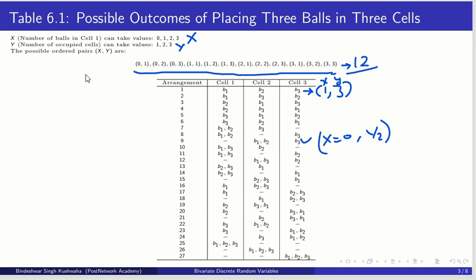Now let us see that there are 27 possibilities and 12 valid pairs. Some are invalid.